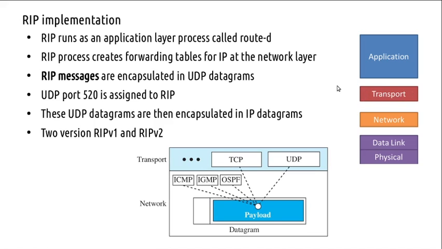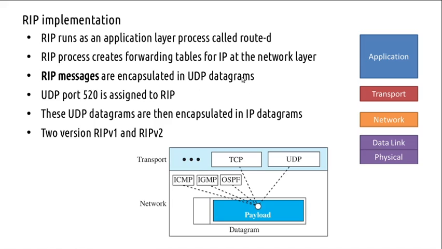TCP and UDP are the dominant protocols in the transport layer. So the application layer will have some connection to the transport layer through a specific port. This routing daemon process will have a port to this transport layer, and a UDP datagram is generated.